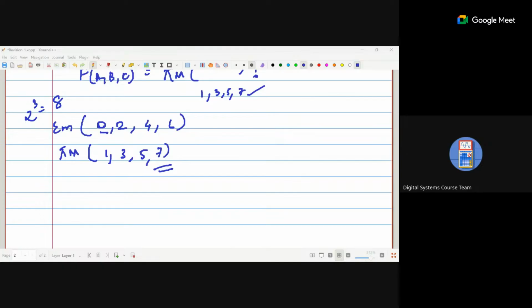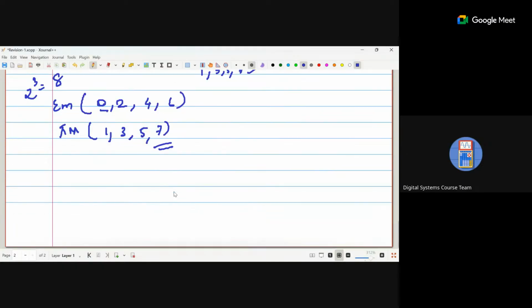Okay, now let's take f of ABC equal to A dash B plus C dash.